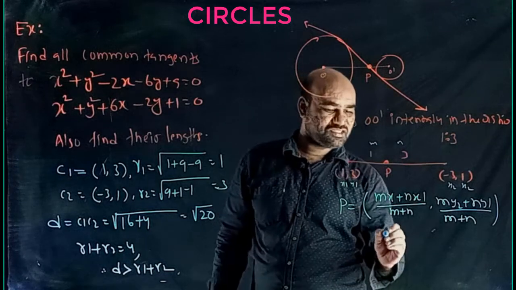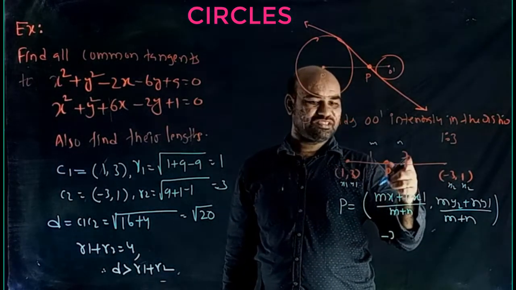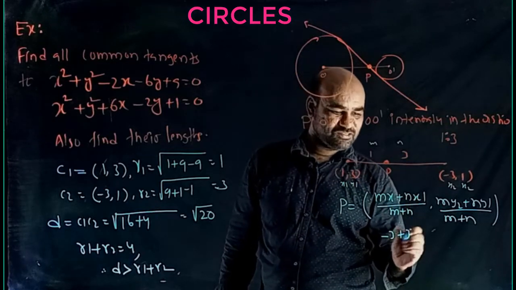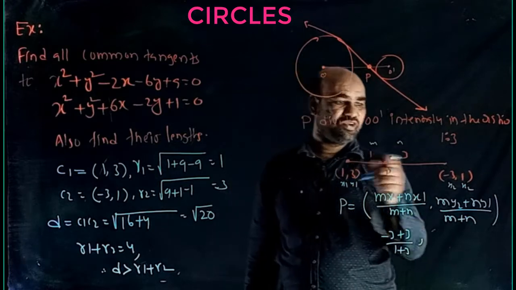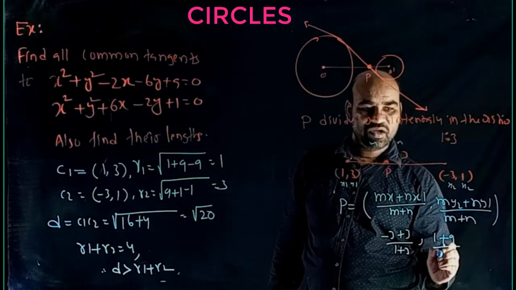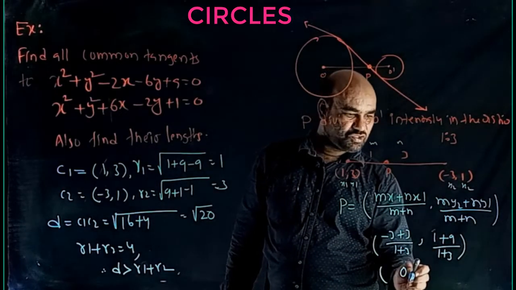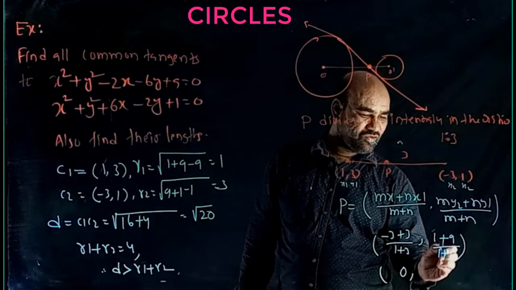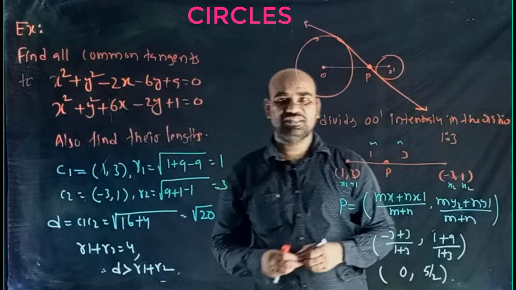So we get (-3 plus 3) by (1 plus 3), comma (1 plus 9) by (1 plus 3). That is 0, comma 10 by 4, which is 5 by 2. These are the coordinates of P.